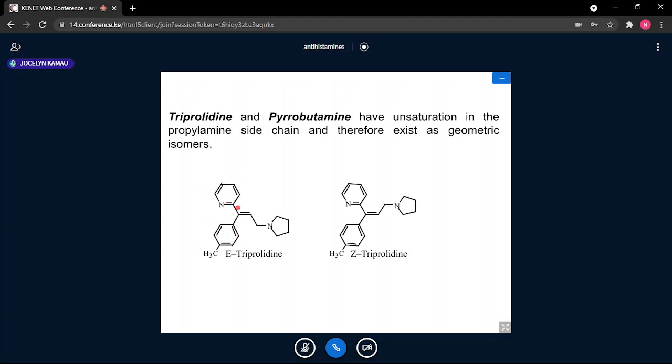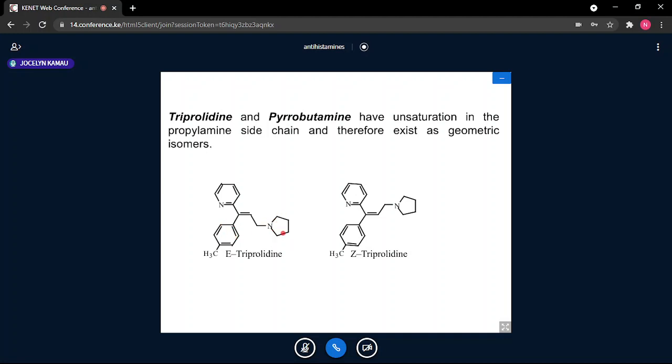So this group is big, and this big group and the hydrogen are on the same side. Then on this other side, if you look at this carbon, it is attached to this. Whenever you have attachment to somewhere where you have a double bond, it is like that carbon is attached to another carbon. So this also is a big group.